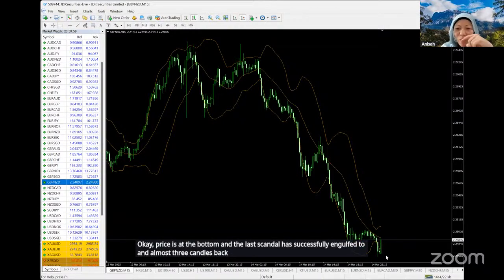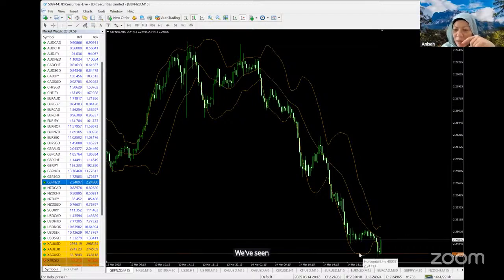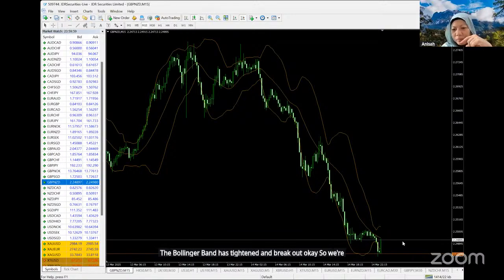That is quite a significant buyer. So overall, this is the resistance, and the Bollinger Band has tightened and broken out, so we're going to wait whether this is the new trend or not.